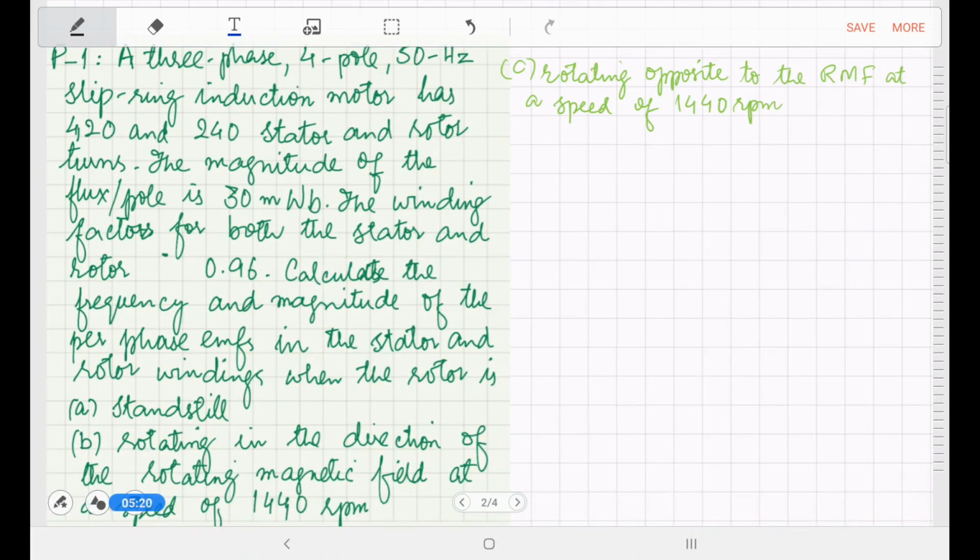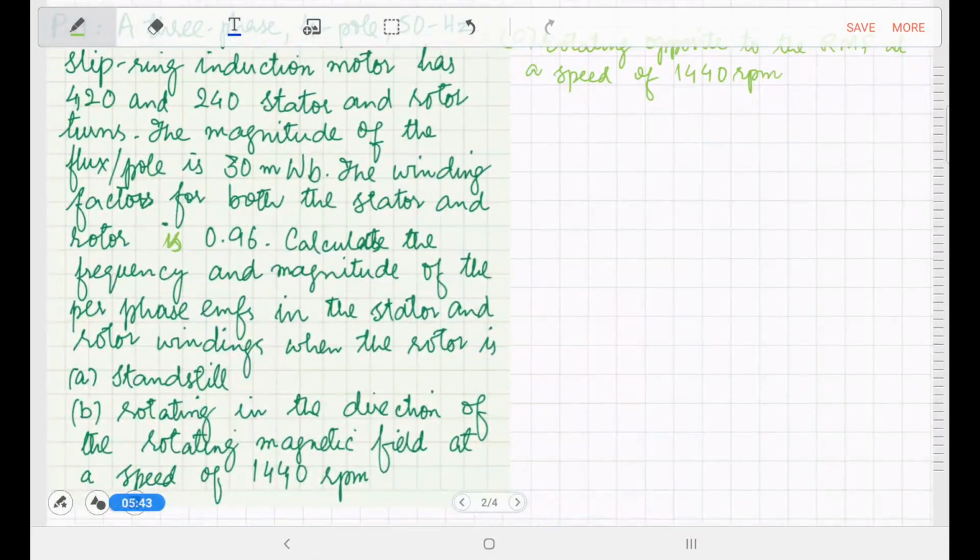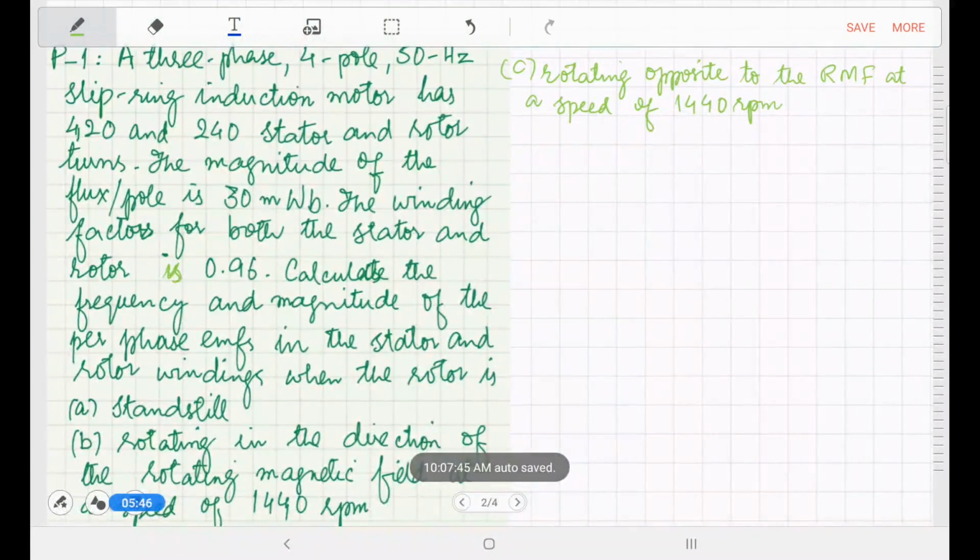The winding factor for both the stator and rotor is 0.96. Calculate the frequency and magnitude of the per phase EMFs in the stator and rotor windings when the rotor is standstill, rotating in the direction of the rotating magnetic field at a speed of 1440 rpm and rotating opposite to the rotating magnetic field at a speed of 1440 rpm.